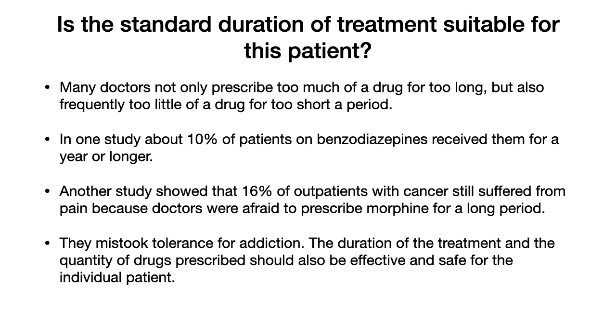Another study showed that 16% of outpatients with cancer still suffered from pain because doctors were afraid to prescribe morphine for a long period. They mistook tolerance for addiction. The duration of treatment and the quantity of drug prescribed should also be effective and safe for the individual patient.